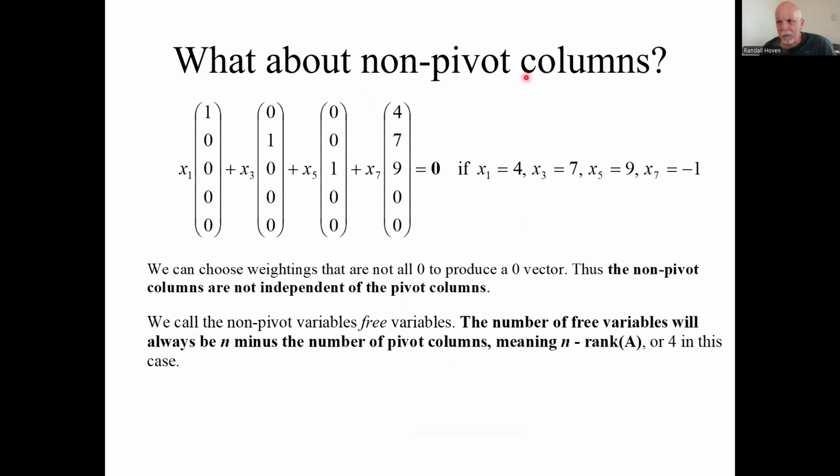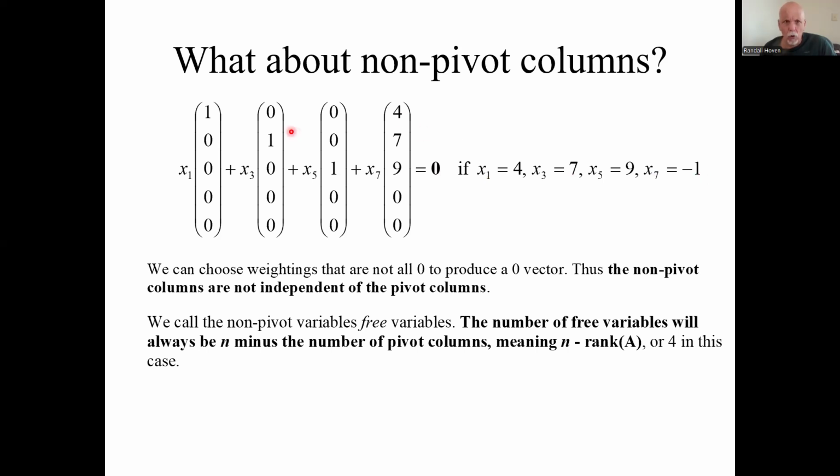What about the non-pivot column? Well, let's take the 3 pivot columns and just try the non-pivot columns one at a time. Here's trying X7. I could pick certain numbers for these coefficients to yield a 0, and they didn't have to be zeros.